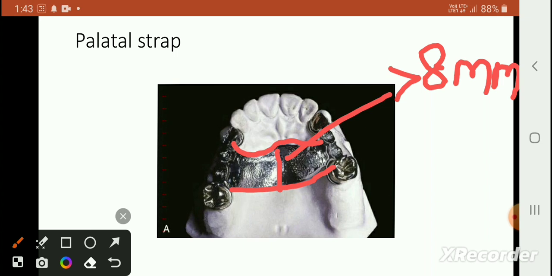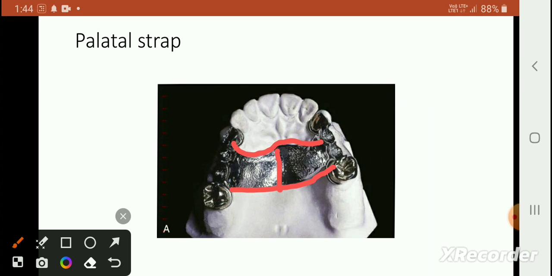It should not be less than 8 mm, it should be greater than 8 mm, then it is known as a strap. It has suitable rigidity without excessive bulk. For a bar we have to make it bulky to maintain rigidity, but in this case we don't have to increase the bulk.